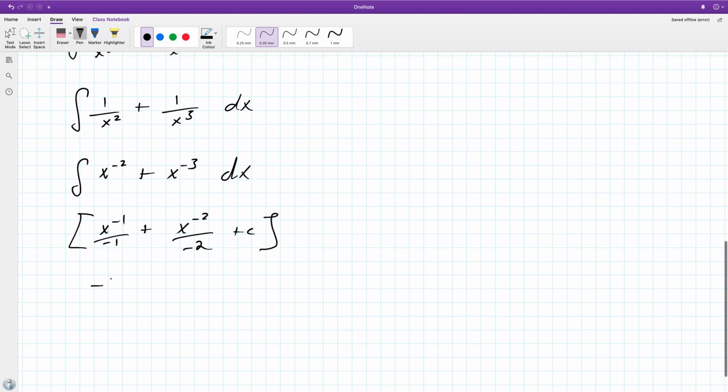That is minus 1 over x minus 1 over minus 2x squared plus c. Either way, you'll end up with the same answer. That should be minus minus for plus, and then 1 over minus 2x squared.